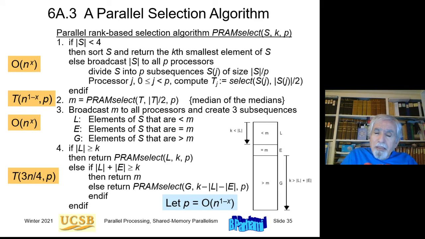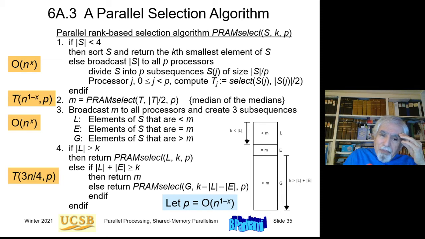This is the parallel version of that algorithm with P processors, where P is order n to the power 1 minus x. So this is basically my way of saying that we have fewer than n processors. How much fewer? This x is the parameter that determines that.